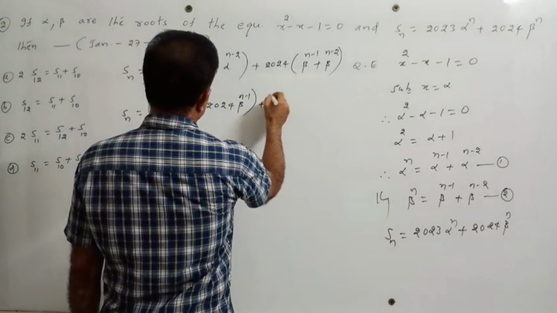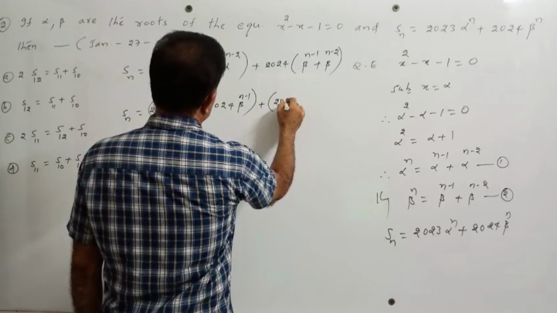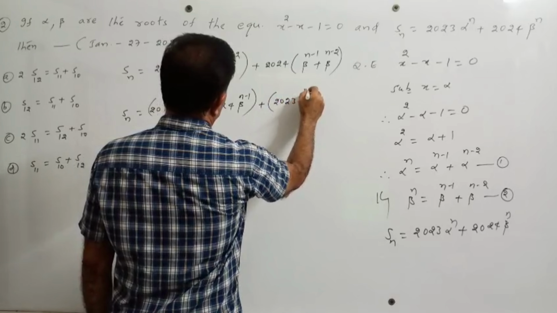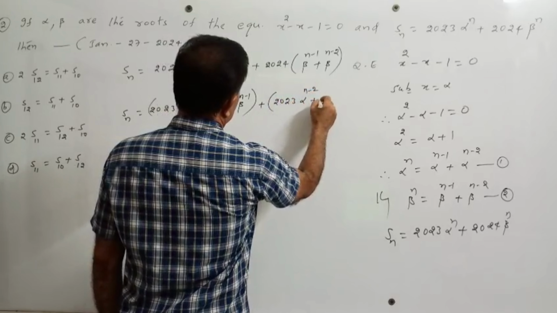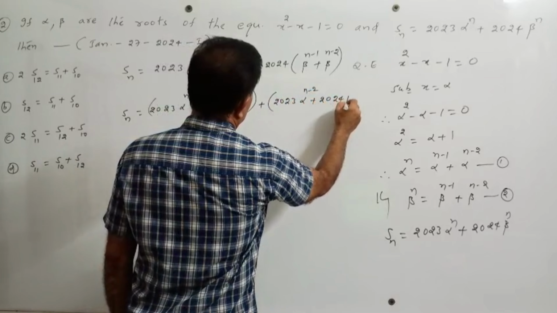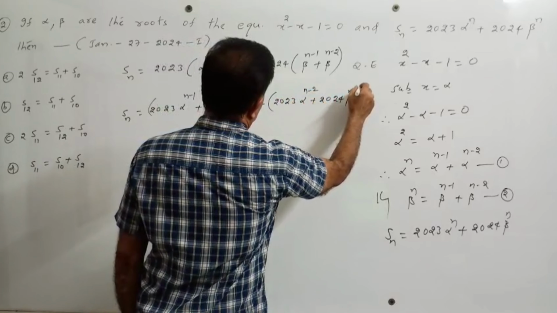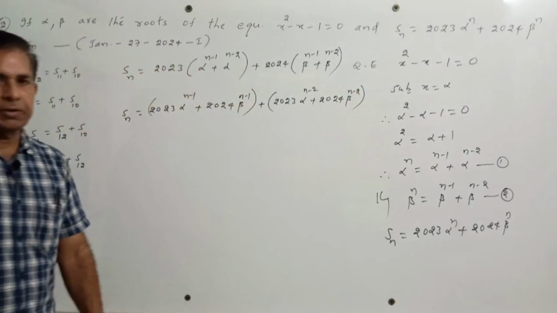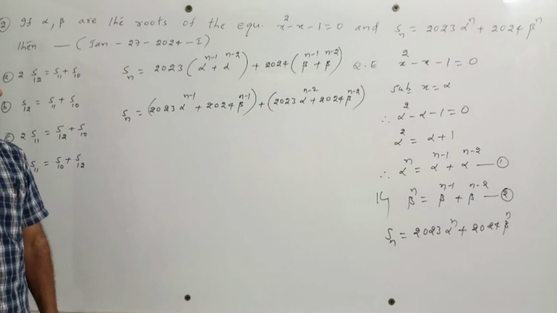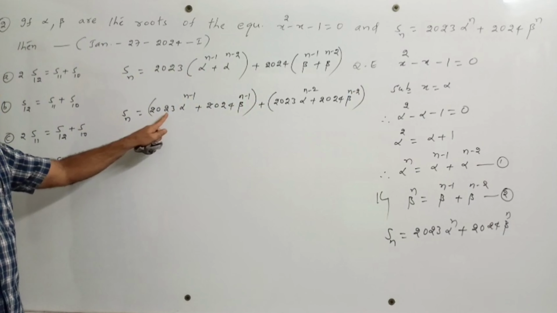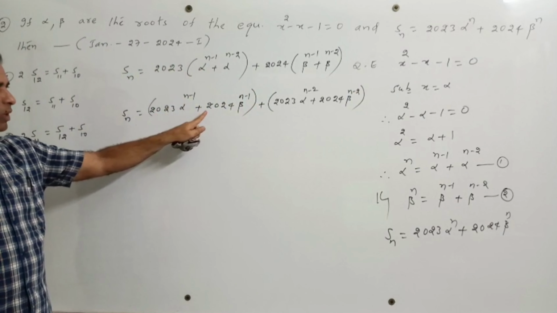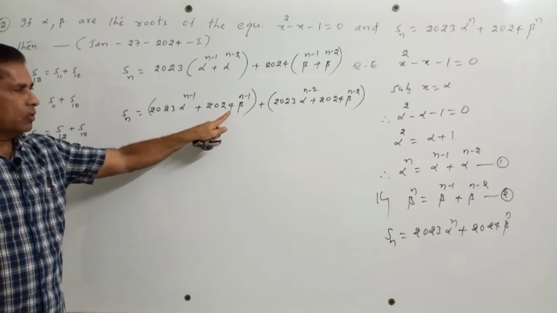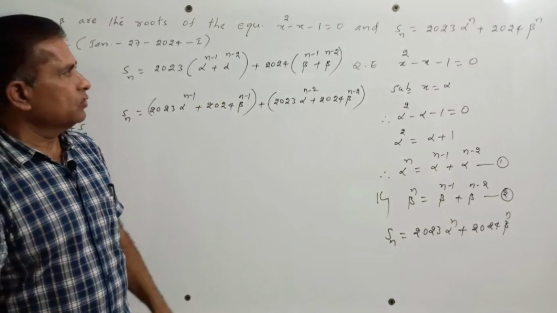Similarly, let us write 2023 alpha to the power of n minus 2 plus 2024 beta to the power of n minus 2 in the next bracket.